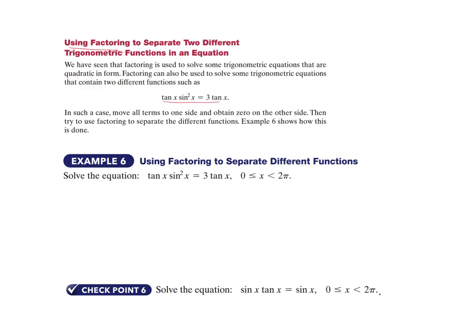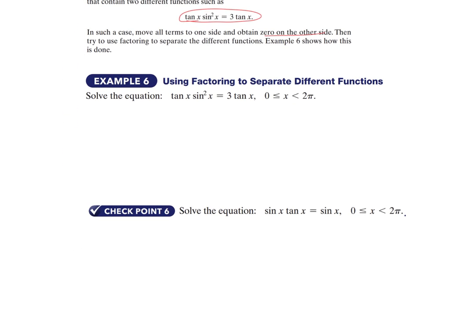So if we take a look at this, we might be able to move all terms to one side and obtain a 0 on the other side. So we still want to get a 0. But what I can do is I can go tangent of x, sine squared of x minus 3 tangent of x equals 0.